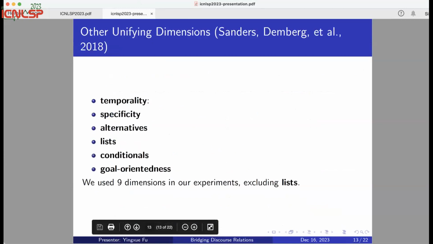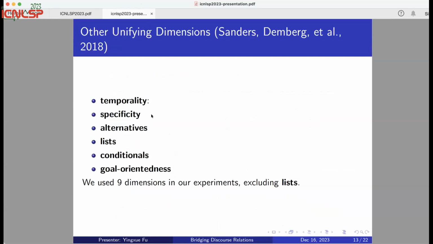Some other dimensions used in unifying in the UNIDIM proposal include temporality, specificity, alternatives, lists, conditionals, and goal-orientedness. We exclude the lists in the experiments and use these 5 to conduct experiments.